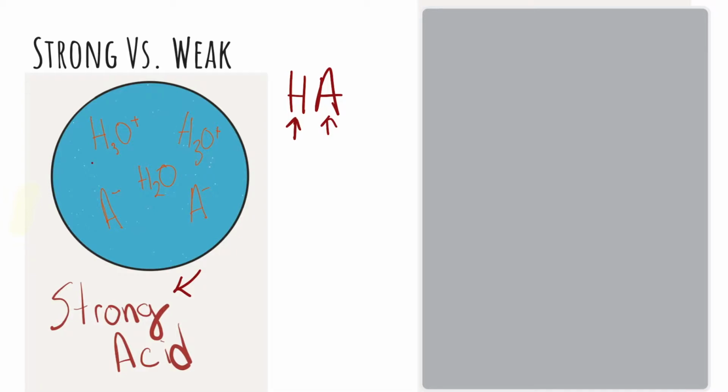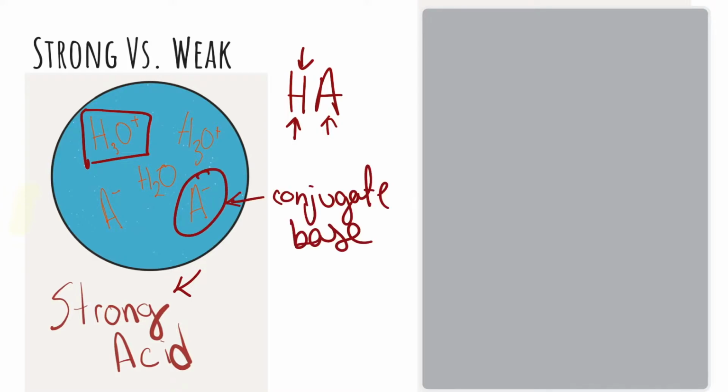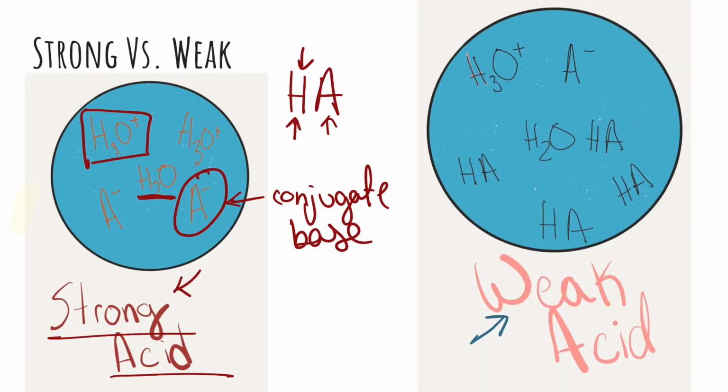Here, we have the hydronium ions that are produced from the acidic hydrogen, and we have the conjugate base. Those are really the only two things, in addition to the water, of course, that are in the solution of a strong acid. However, if we look at a weak acid, there will be one additional species in the solution. The acid itself, undissociated, will be dissolved in the solution. So with a weak acid, we'll see the hydronium ion, the conjugate base, water, and the undissociated but dissolved acid.